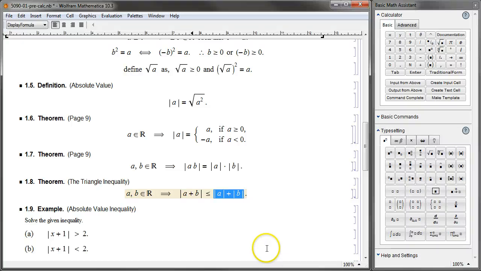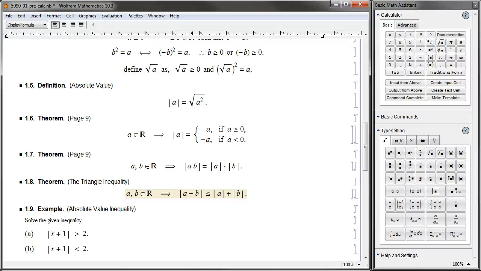And the straight-ahead distance is always shorter than or at most equal to the triangular distance, stopping at one place and then getting to the next. But in one dimension, in just R, the set of real numbers, that kind of geometric expression doesn't make sense, but we still use the name triangle inequality.